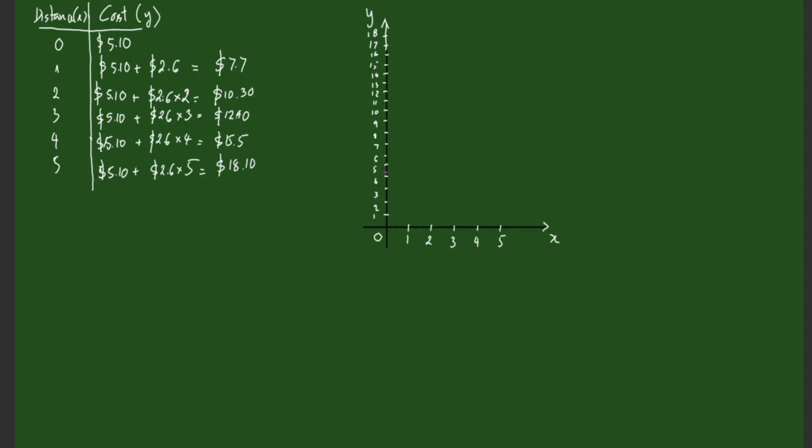Then for 2 we have 10.30. So 2 right here, and 10.30 is around that much. If we draw this point like that, the second point is here, right?